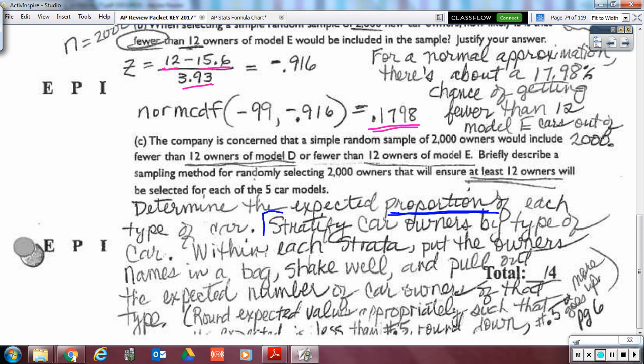So I will stratify by type of car, okay, and then within each stratum, I will put the owners' names in a bag, I will shake well, and I will pull out the expected number of car owners of that type. And so then I rounded these expected numbers. These expected numbers came from the probabilities of those happening.